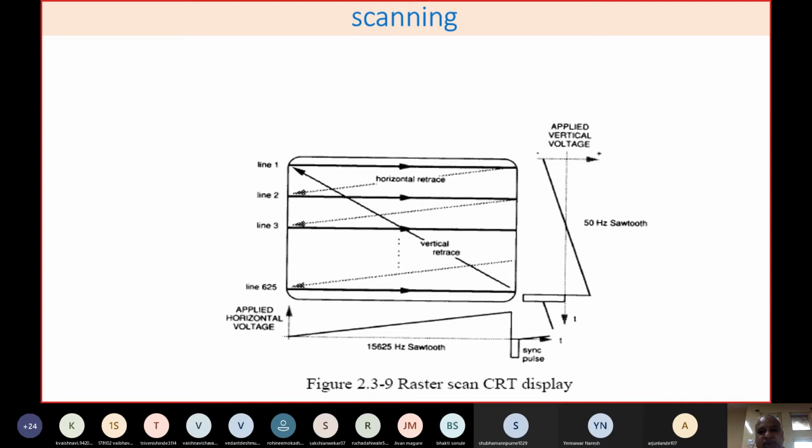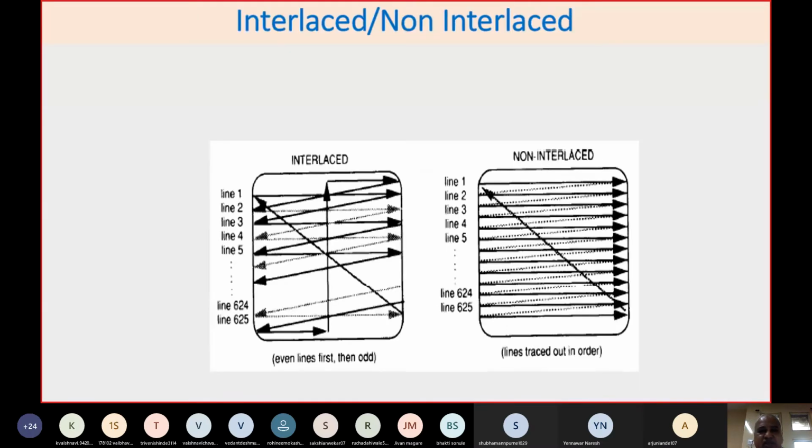That means you scan line by line, but this happens at a very fast rate. Almost each picture is divided into odd and even fields, and the odd and even fields are shown 25 times per second. Instead of showing one picture and then closing and showing another, experience shows that if you go for interlace scanning, then the quality of the picture is improved.